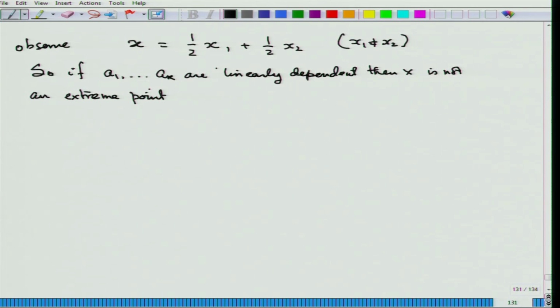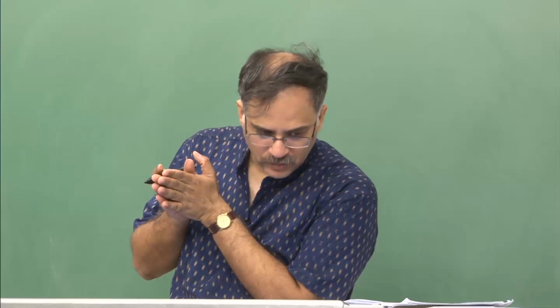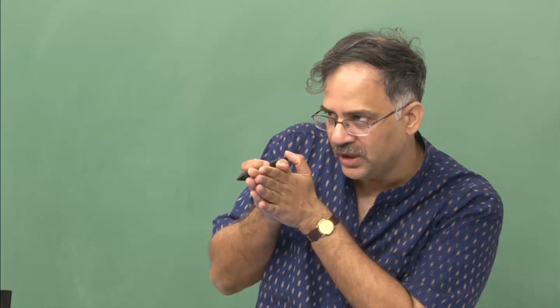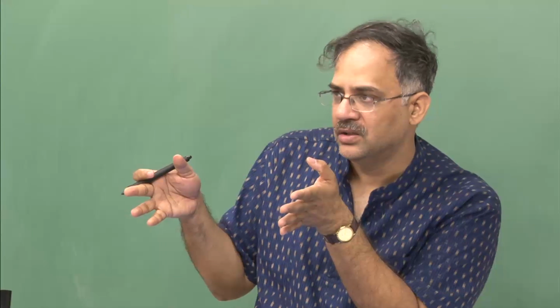So, what I want to show is that if my a1, a2, ak are linearly independent, I should know, because A has full rank m, and of course k has to be strictly less than m, if k is strictly less than m, then I can choose m minus k vectors from the remaining n minus k vectors and just join them up with a1, a2, ak and form a linearly independent set of columns.